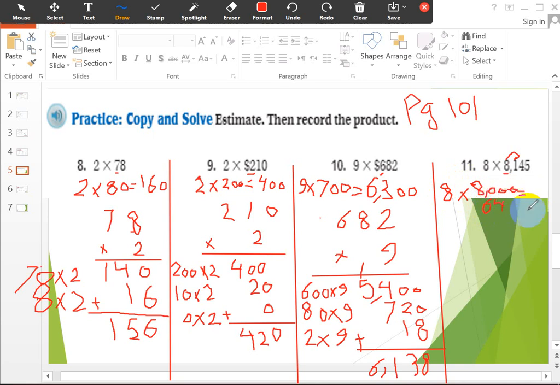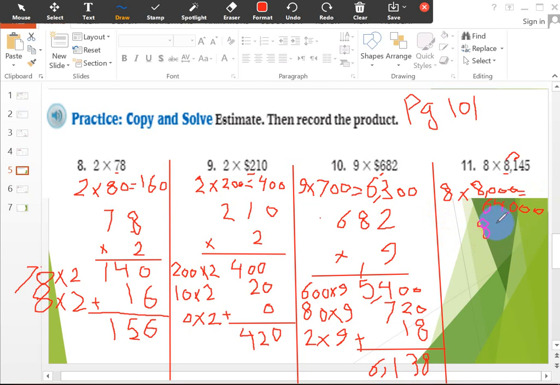And I have to put 3 zeros next to the answer, so it will be 64,000. Okay, don't forget the comma. So this is the way of rounding. Now let's start with multiplication. I will put the answers here vertically.